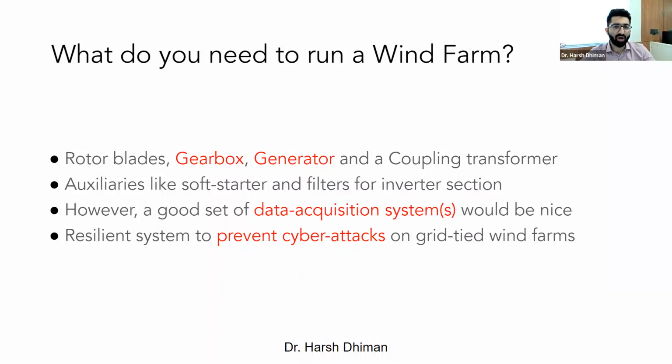You have many different types of generators installed in wind turbines, starting with the squirrel cage induction generator, then the doubly fed generator. Now people are focusing on the permanent magnet synchronous generator. The magnetic field is constant, and then you don't need a gearbox.